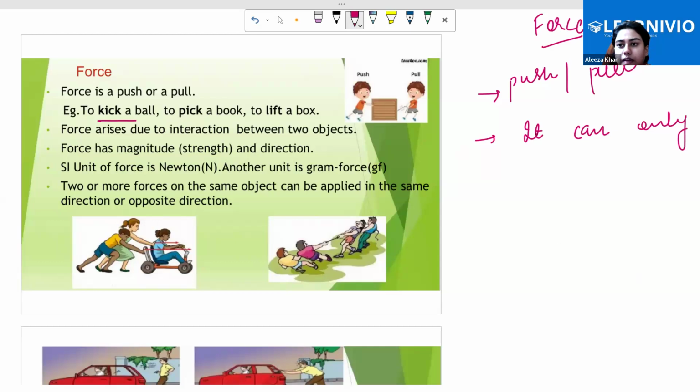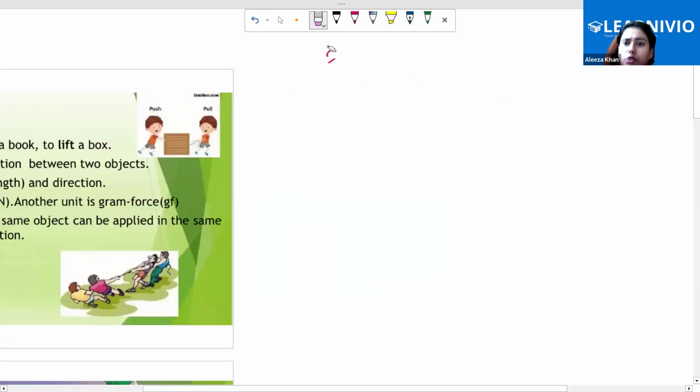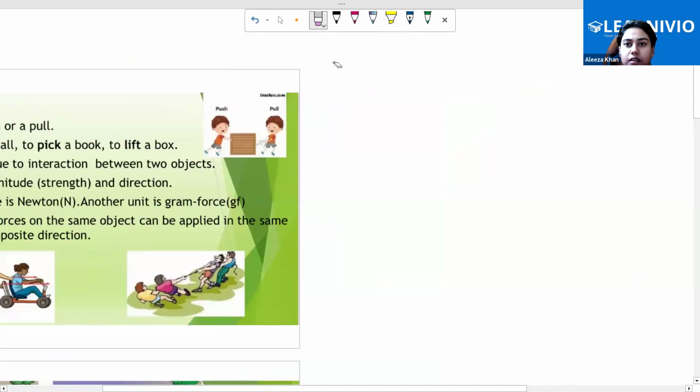So it can only be felt. What I was saying is, let's say you have kicked a ball. Is it pushing or pulling the object? Pushing.